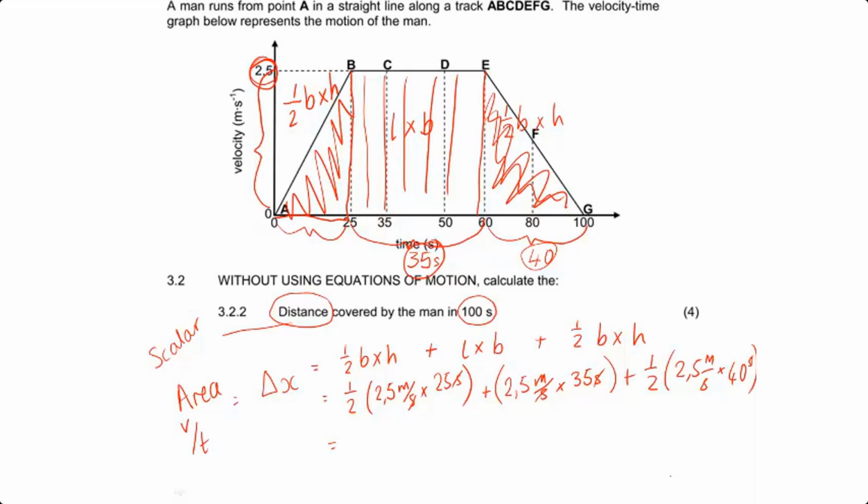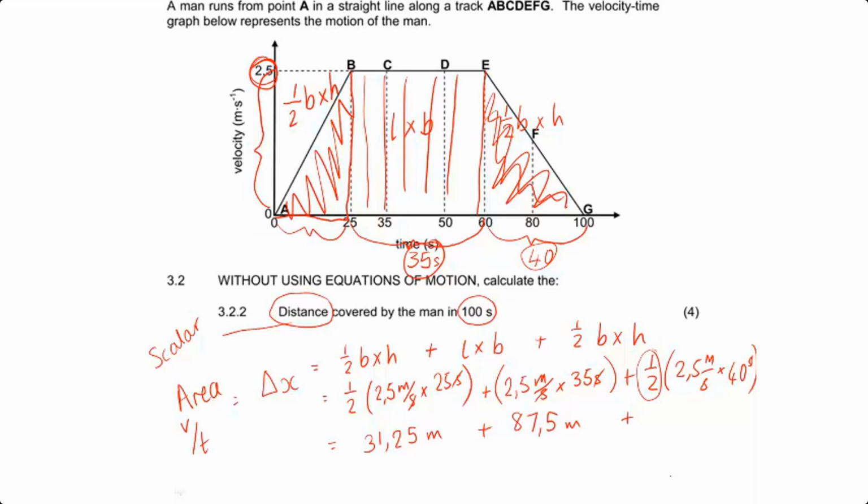So what does that give us? Half 2,5 multiplied by 25 is 31,25. The unit is meters. Plus 2,5 times 35 is 87,5, again meters, plus half. Don't forget the half when you do the calculation. It's easy to forget it.